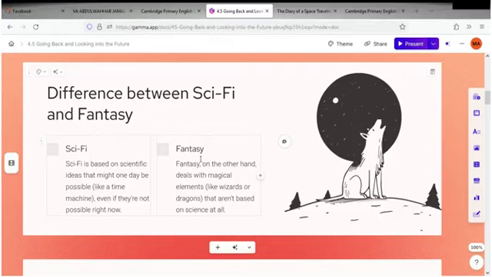While fantasy, on the other hand, deals with magical elements or instruments, wizards, dragons, magic wand, witches, and so on. So they aren't based on science at all. We don't have science in fantasy.